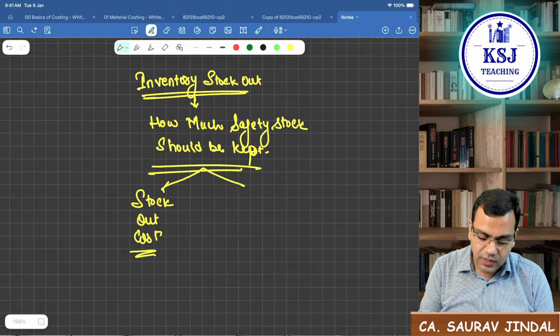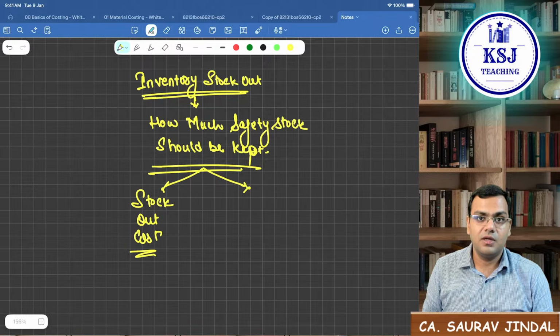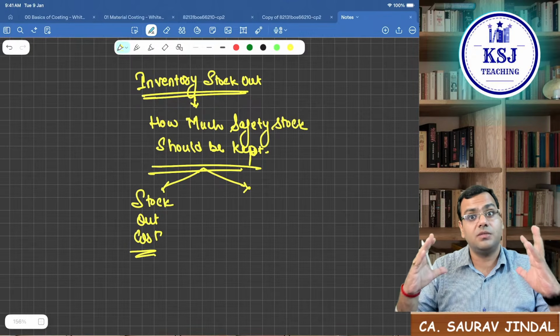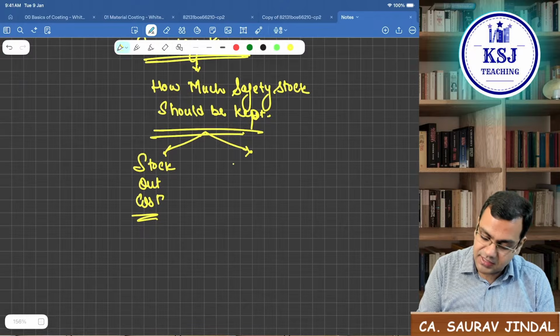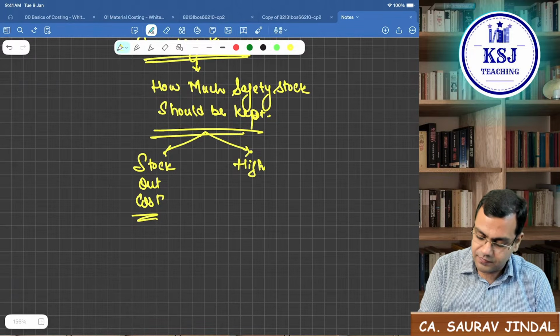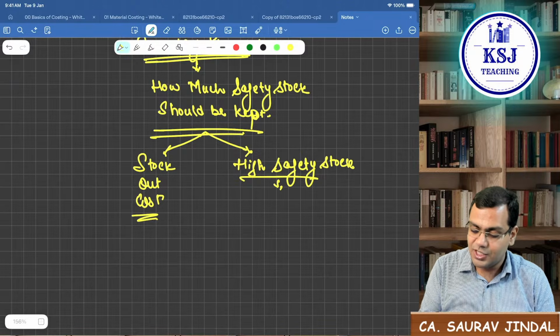Second, next time you say, I will keep a lot of safety stock so that no customer returns. In that case, if you are keeping a high safety stock, your carrying cost will increase.